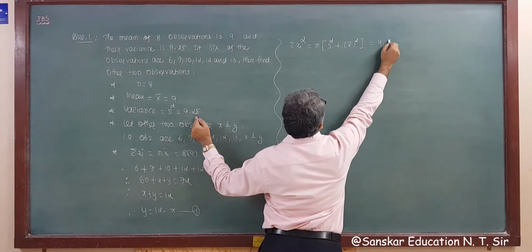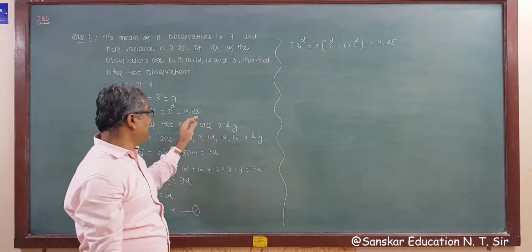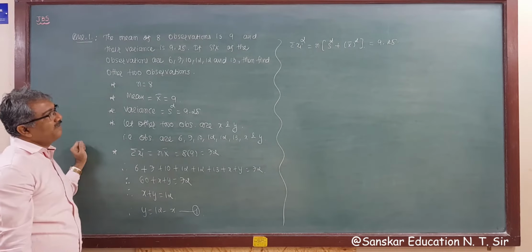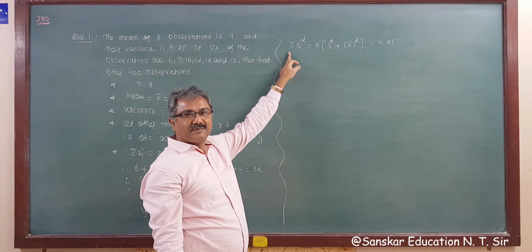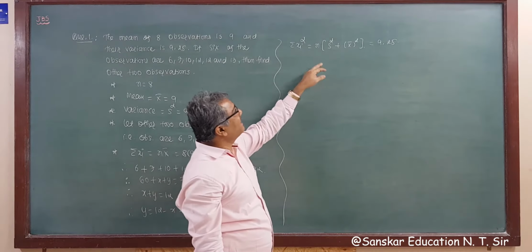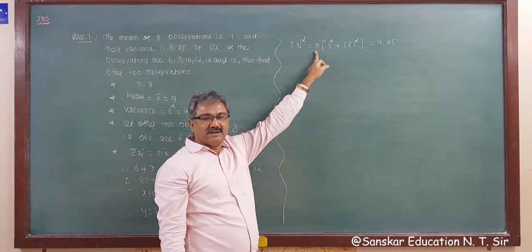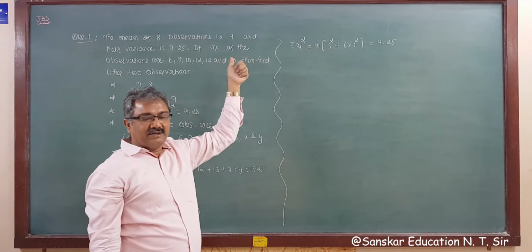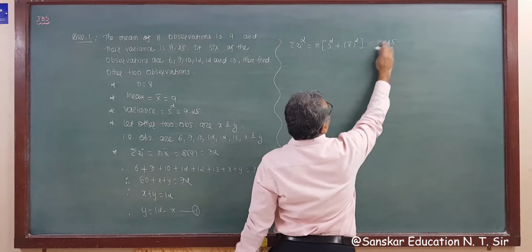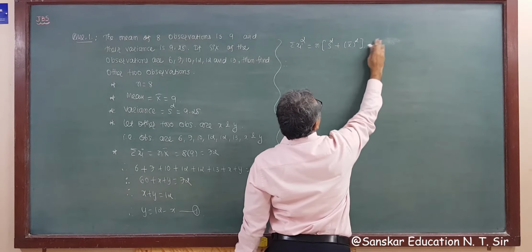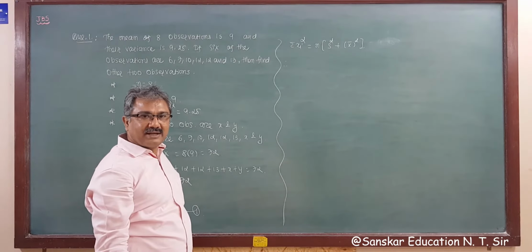So sigma xi square is n into s square plus mean square, right? If you don't know, forget this. This is the formula, right?